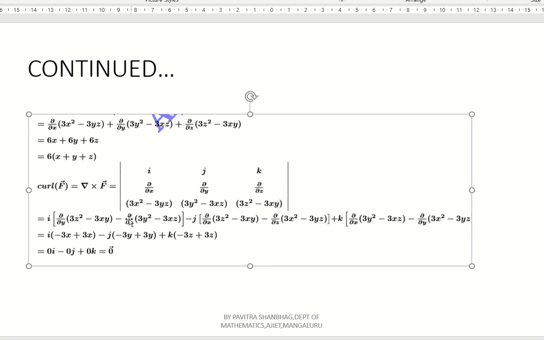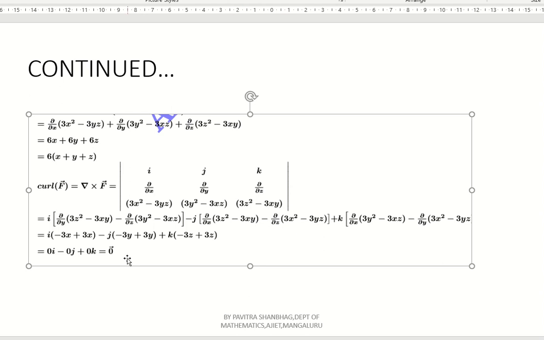So minus 3x into minus 3x, so it will be plus 3x, right? So minus 3x plus 3x is 0. Similarly minus j into what? Again dou by dou x, with respect to x here this is 0, minus 3y is constant. Again differentiate this derivative with respect to z, here 0 minus 3y. So minus of minus 3y is nothing but plus 3y.